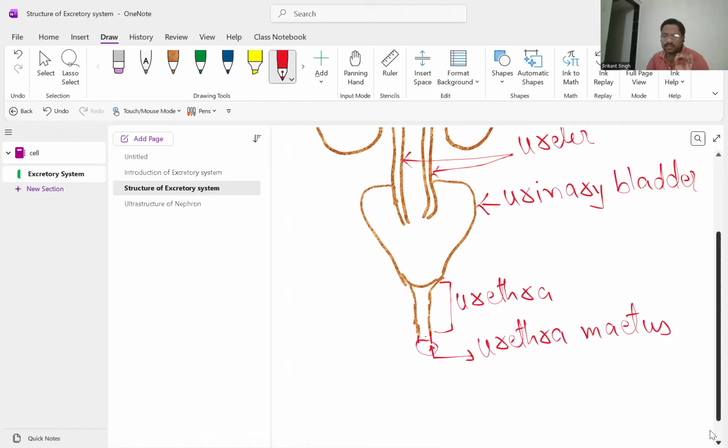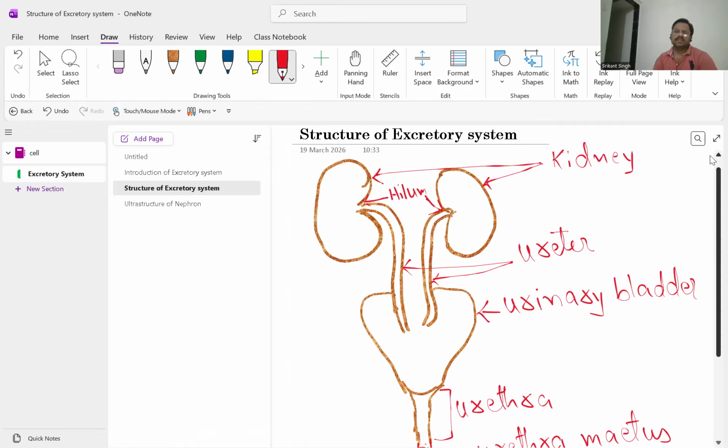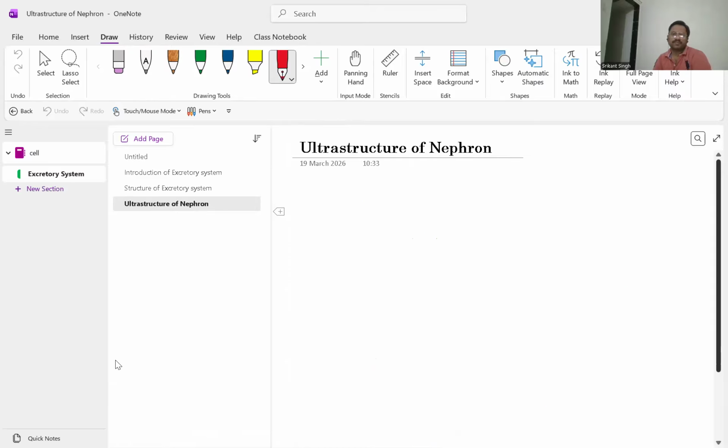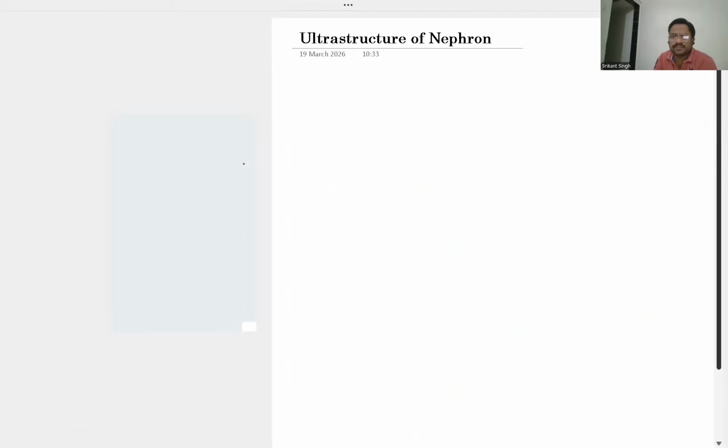In the female, the urethra is very small in size in comparison to the male. This way, the excretory system diagram is completed. Now come to the nephron structure.